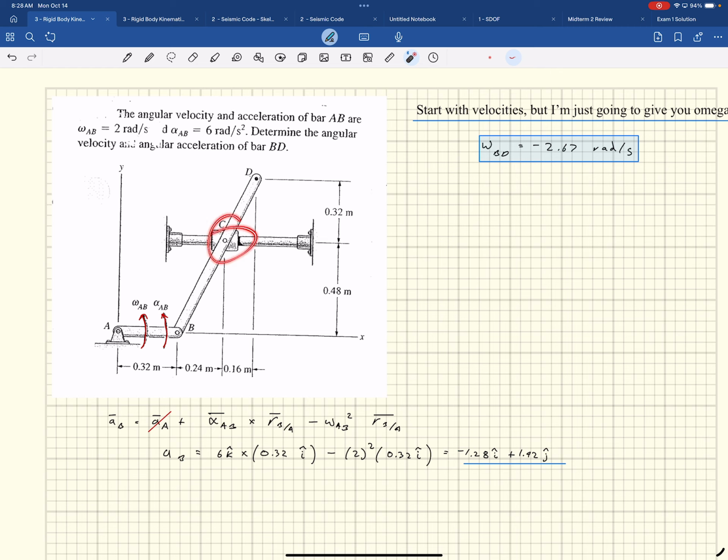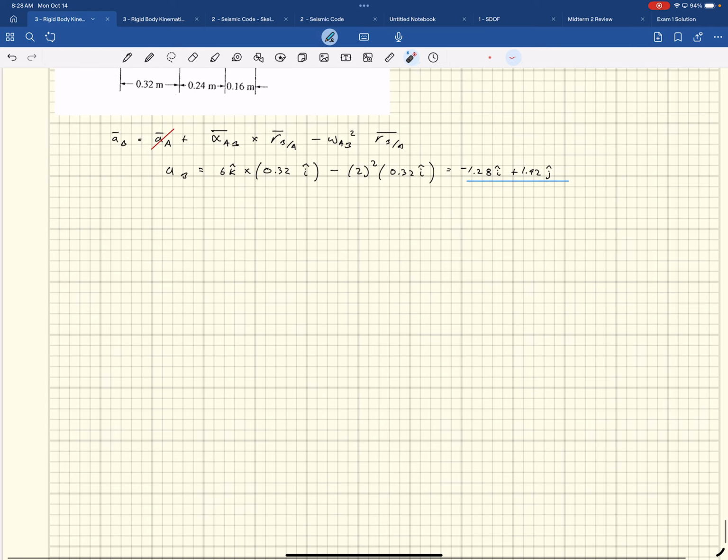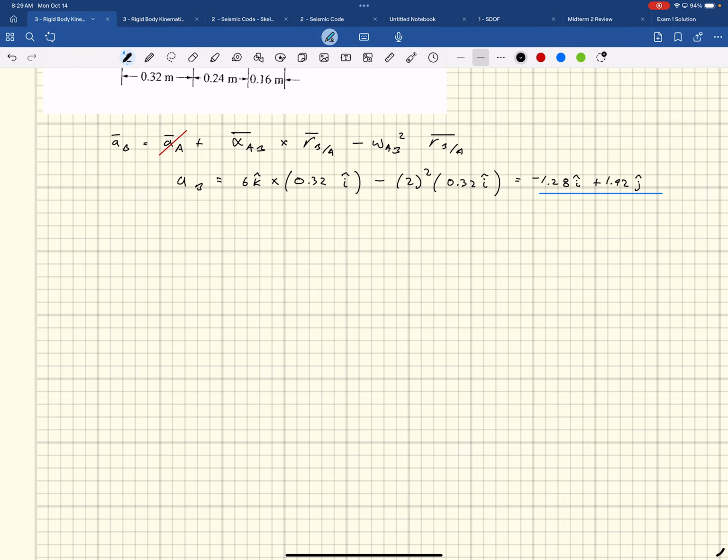The constraint in this case is this bar right here, right? So I'm going to take a step to C instead, and then I'm going to apply the constraint that C can only accelerate back and forth in the I direction. So that's what I do.